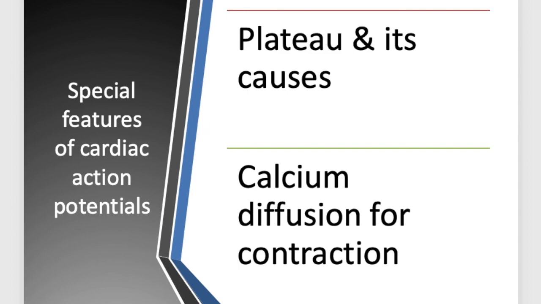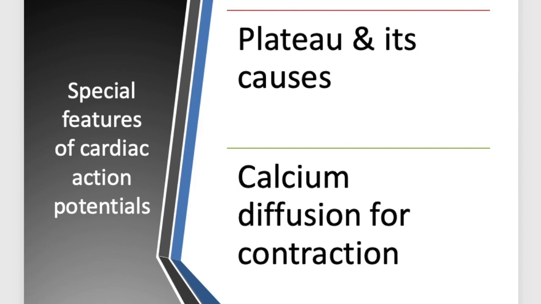You must be knowing that the action potential of skeletal muscle is caused by the entry of sodium through fast sodium channels, which remain open for only a few 10,000ths of a second. In cardiac muscle, the fast sodium channels also open at the initiation of the action potential, but cardiac muscle has unique slow calcium channels, or you can call them the calcium sodium channels.